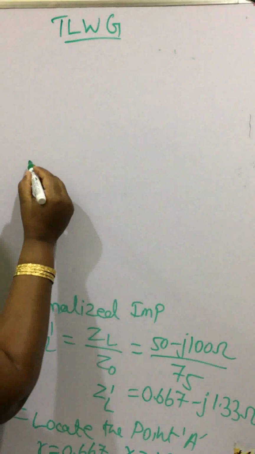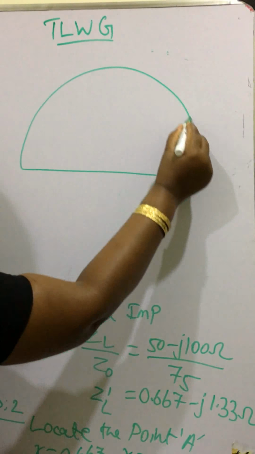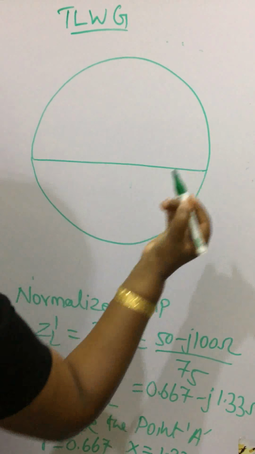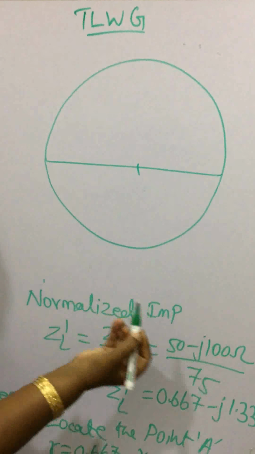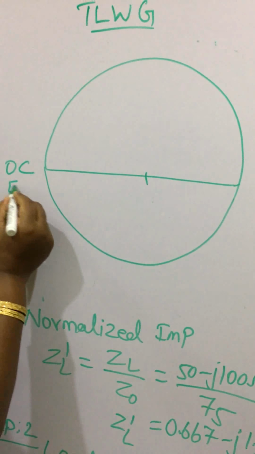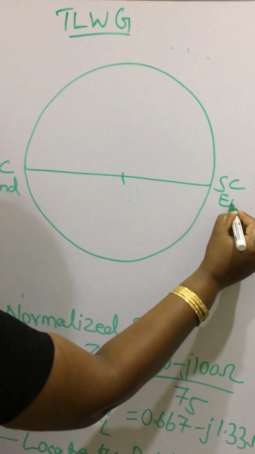Okay, so just assume this is your Smith chart. You can take your Smith chart and do this parallelly. This is the center of the Smith chart. In the Smith chart we know that the left hand side is the open circuited end and the right hand side is nothing but the short circuited end.